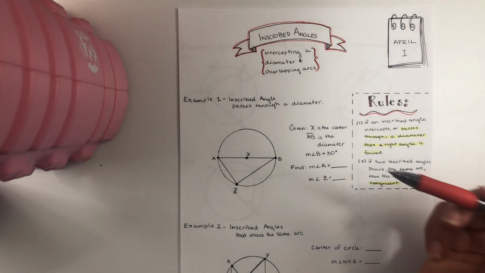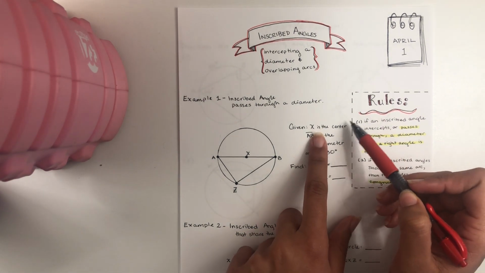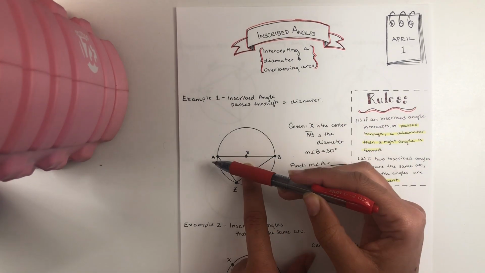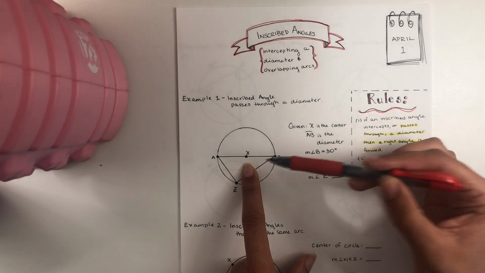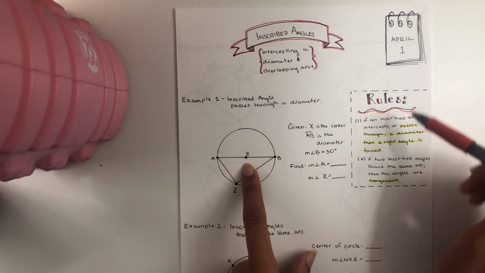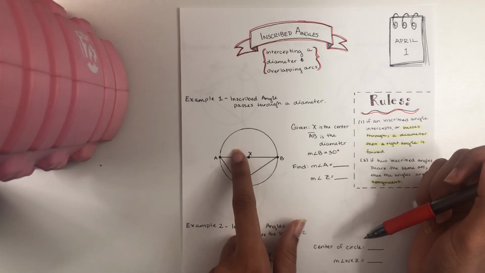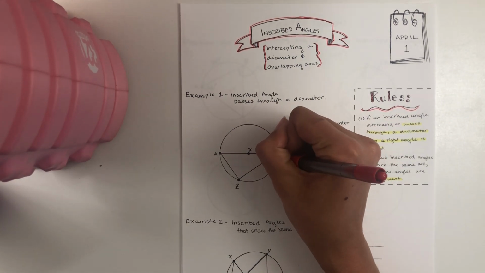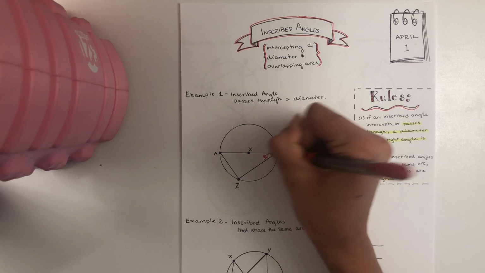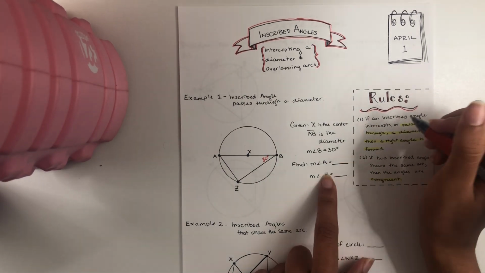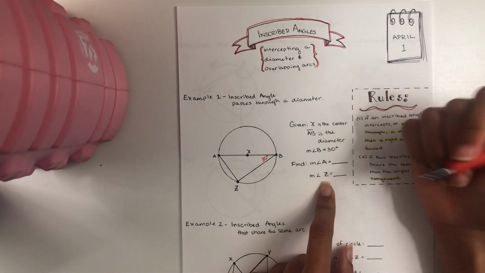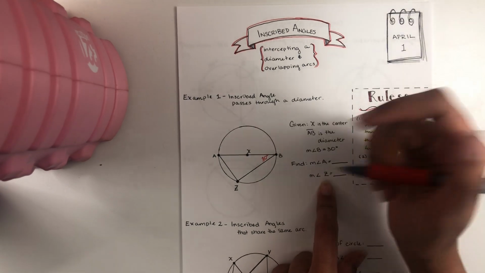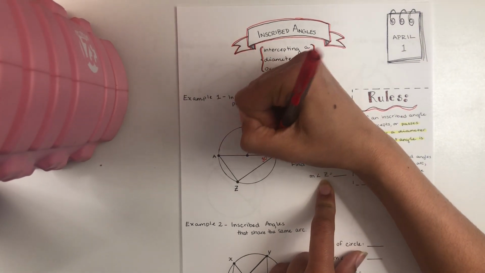All right, so let's look at this given. X is the center, AB is the diameter, right? So since it goes through a diameter, we know we're gonna get a right angle somewhere in here. And the measure of angle B is 30. So B is 30. They want us to find A and Z. So think about it. This goes through the diameter, right?